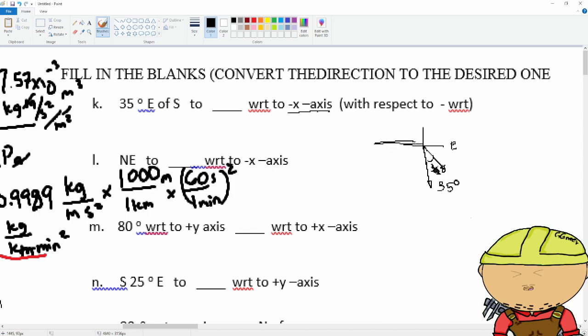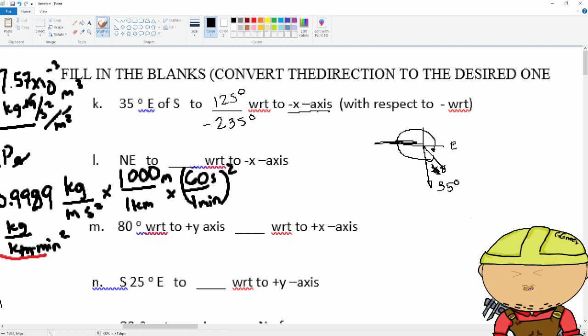If this is the negative x-axis, the one on the left, 90 plus 35 is 125 degrees positive. Or going clockwise, you can also answer negative 235 degrees with respect to negative x-axis.